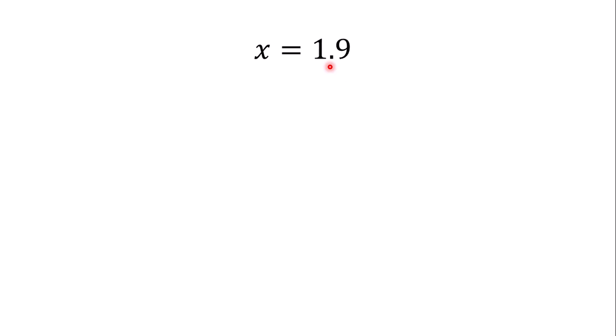But if the question doesn't say anything about decimal places, just leave your answer in what? 4 decimal places. Only if it is what? Terminating. Even if it is terminating decimals and it is more than 4, just leave your answer in 4 decimal places.